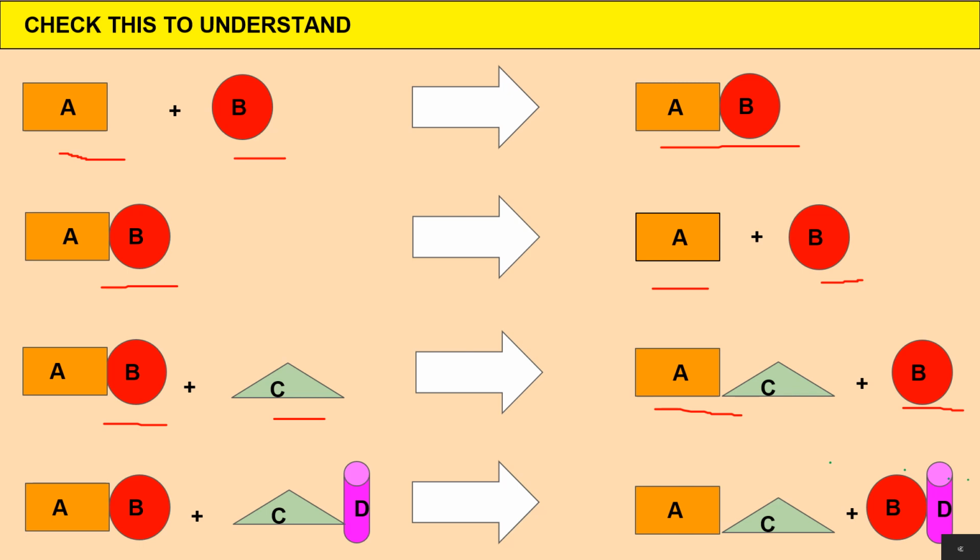In the last figure, we see two compounds AB and CD are reacting. After reaction, B takes the position of D and D takes the position of B, forming two compounds AC and BD. This is an example of double displacement reaction.